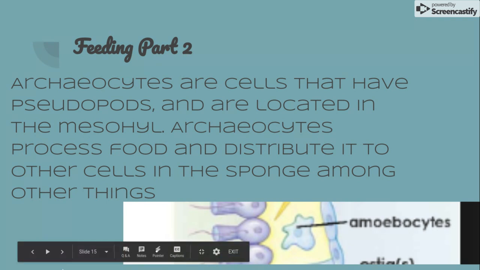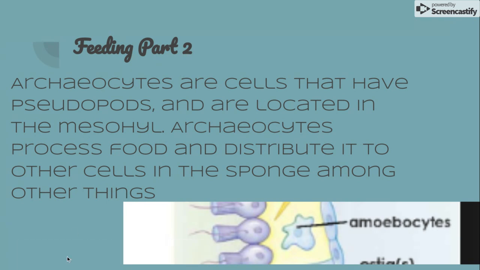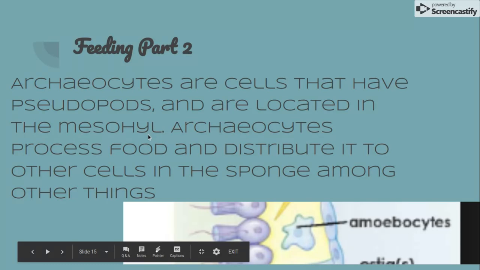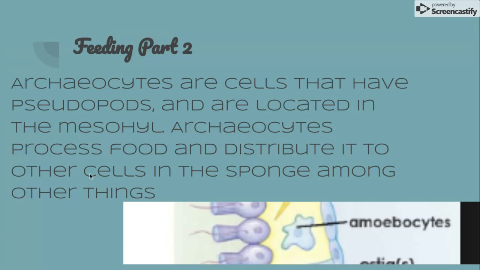Archaeocytes are cells that have pseudopods, and are located in the mesohyl. It's a different word. They process food and distribute it to other cells in the sponge, among other things.